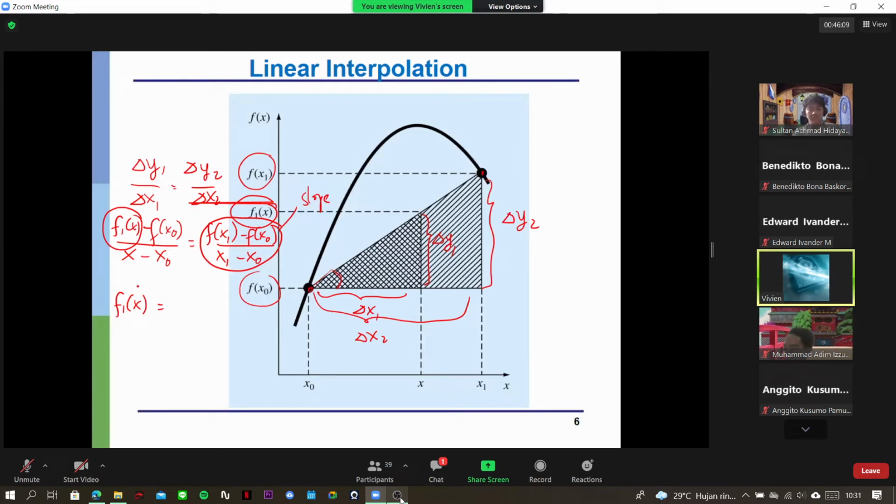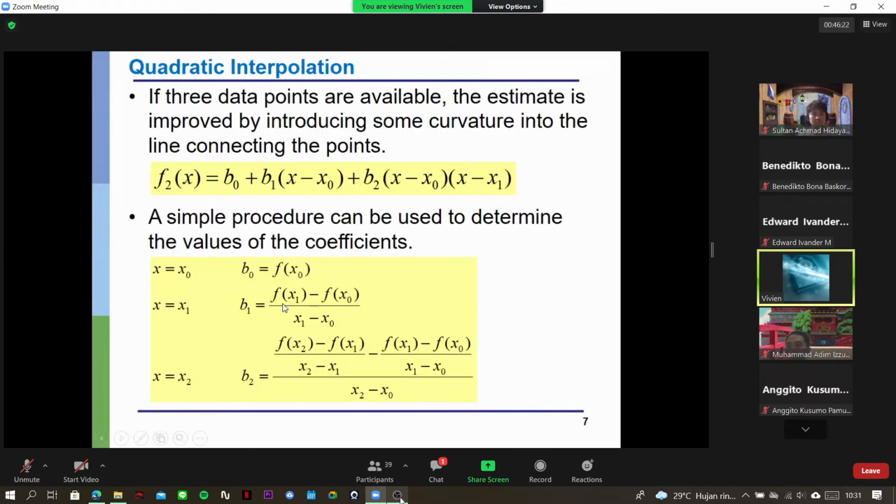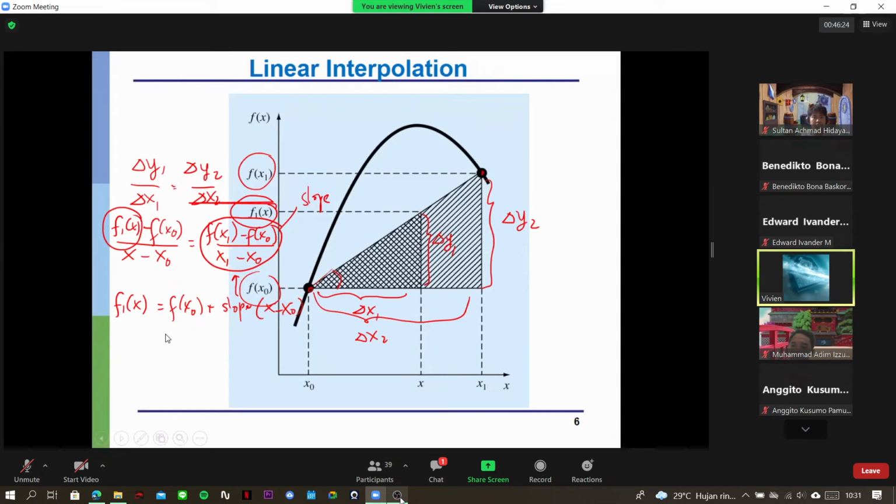So f1(x), the interpolated value, will be f(x0) plus the slope times (x minus x0). This is the typical interpolation that we use, and even in thermodynamics we have used this before, so this is not a new thing.